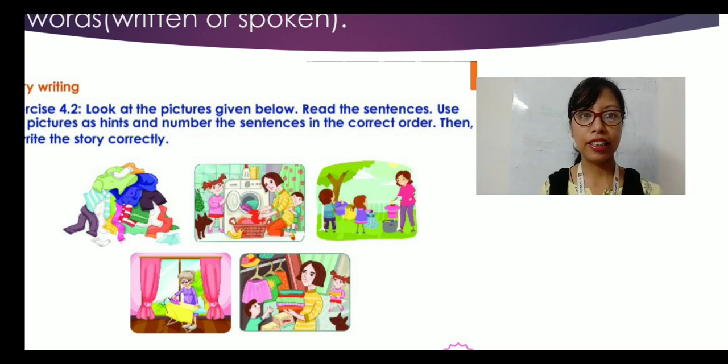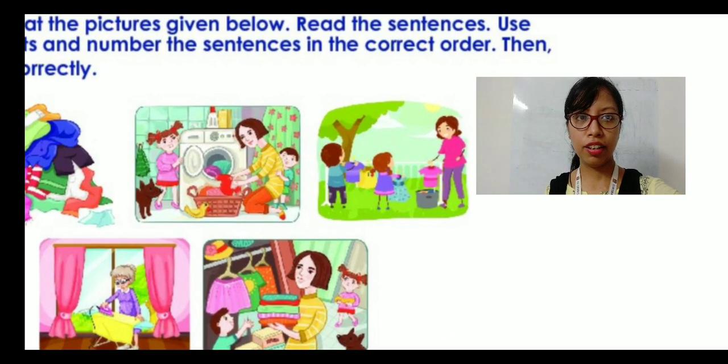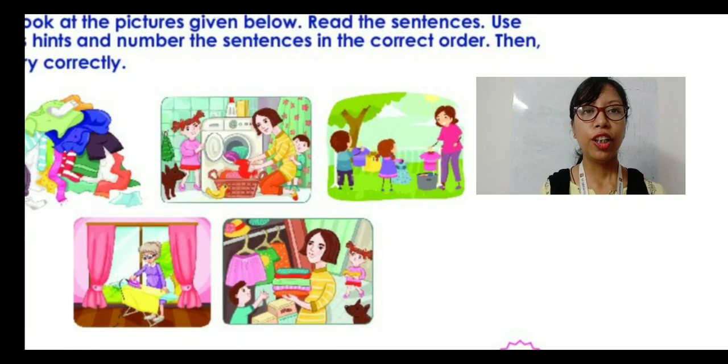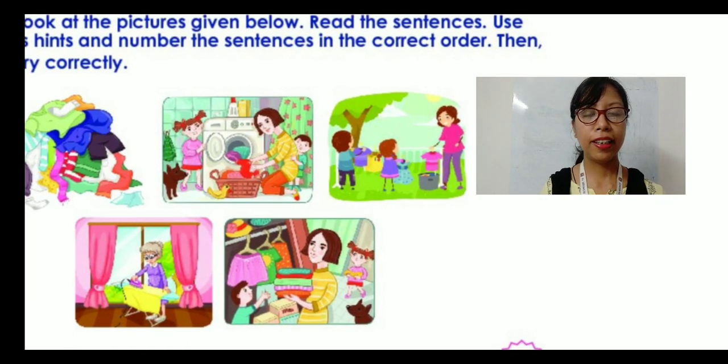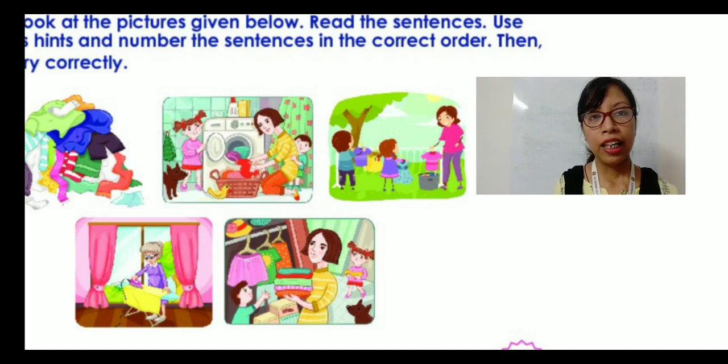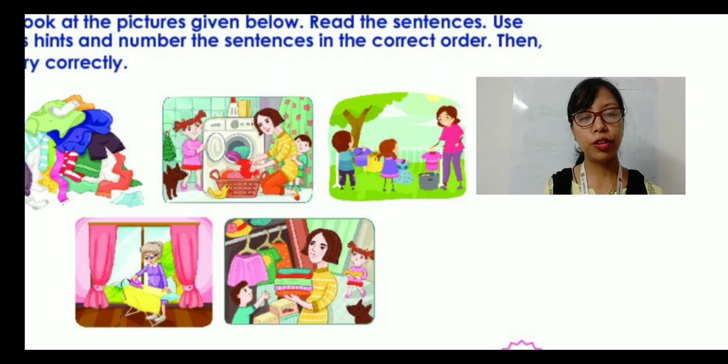The next picture is showing two children and a mother. The two children are helping the mother to wash the clothes, to keep the clothes inside the washing machine. Then in the third picture we see they are helping the mother to dry out the clothes, right?